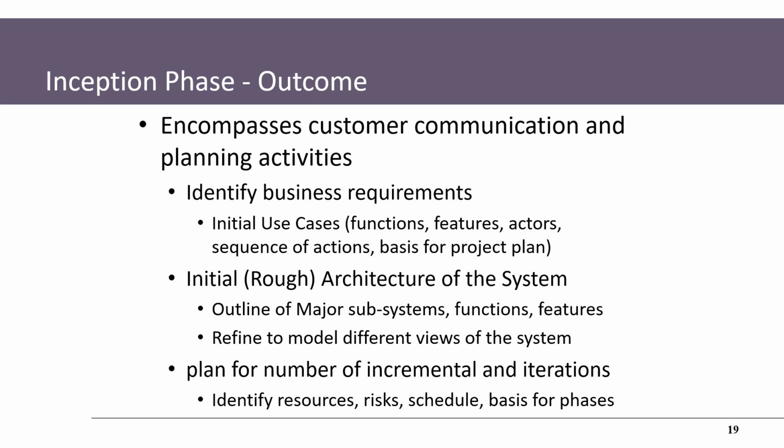Outcomes are obvious, just to remind you, since I hope most of you may have practiced some of the unified process, not all. It encompasses the customer communication and planning activities.